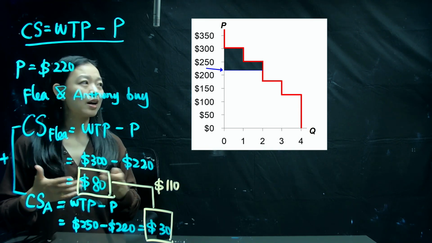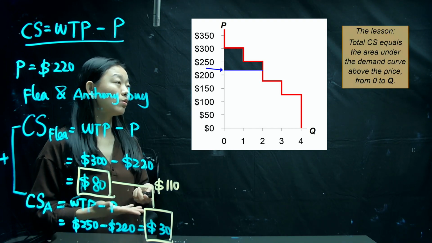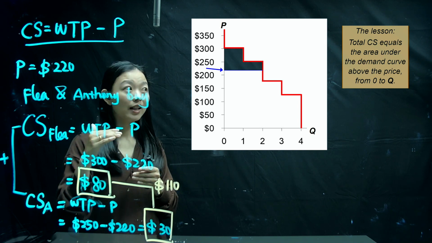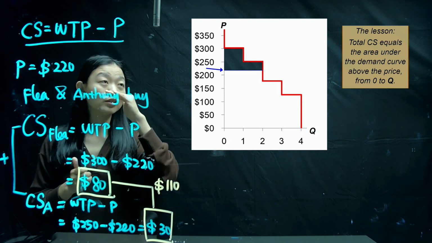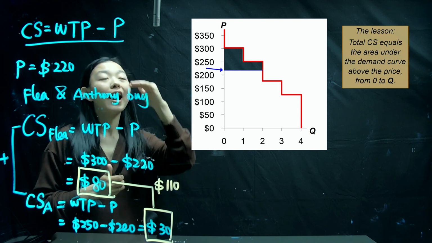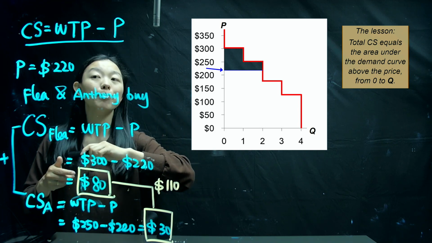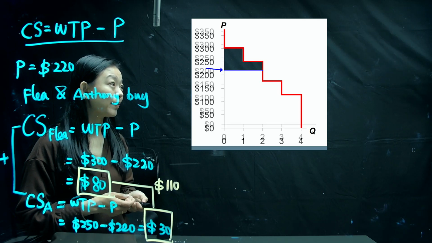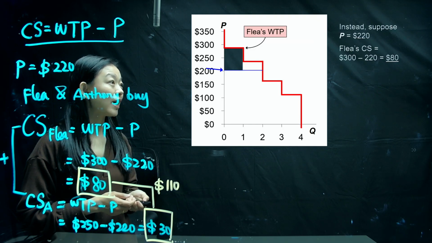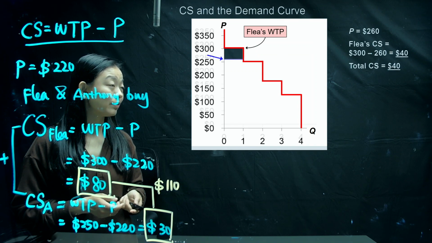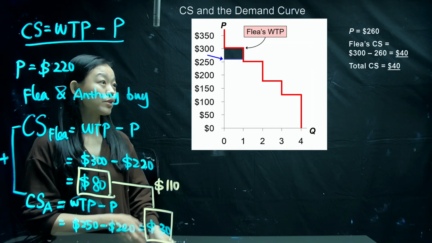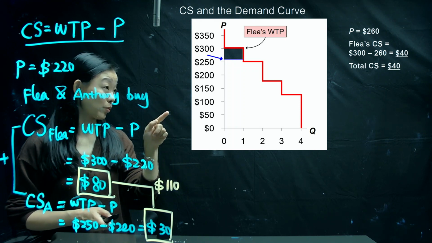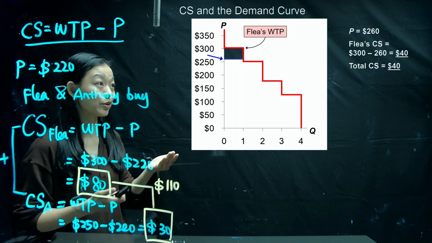So based on what we just talked about, you might notice the total consumer surplus equals the area under the demand curve but above the market price. Make sense or not? So go back to check when the market price is $260. This area measures Flea's consumer surplus, and it is also the total consumer surplus, right?